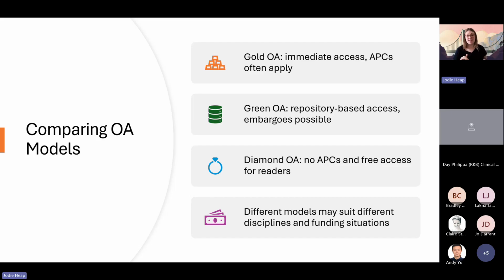We've got diamond open access, which is lovely, no article processing charges and free access to readers on the website, but they are definitely on the rarer side to come across. So different models may suit different disciplines and different funding situations.